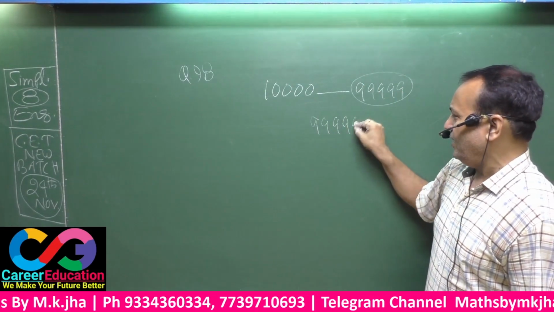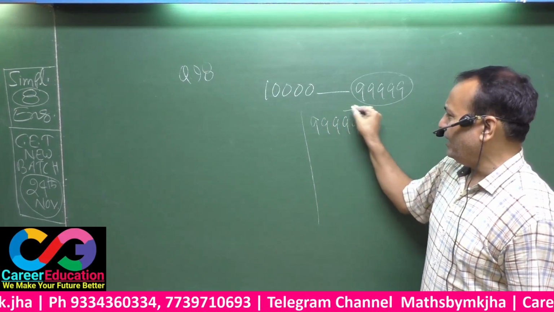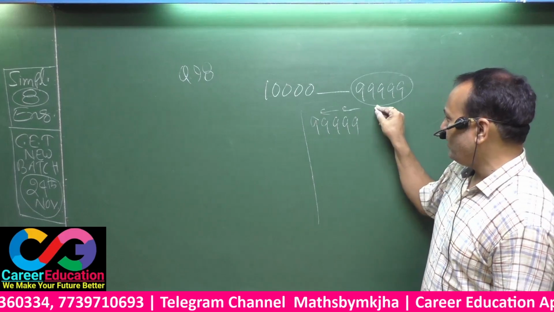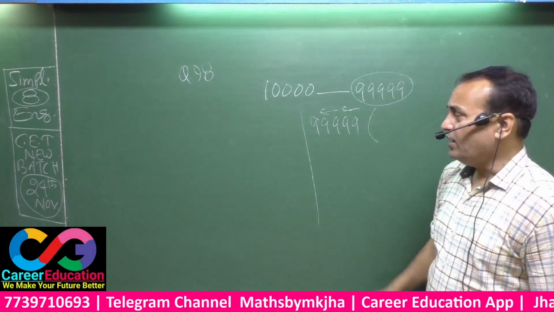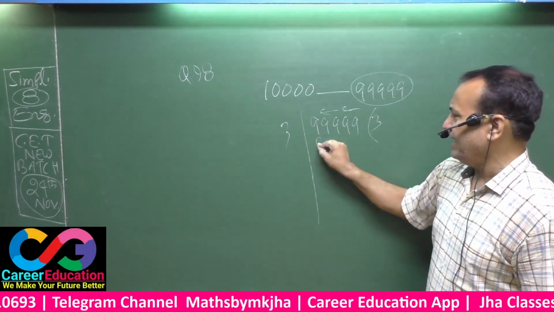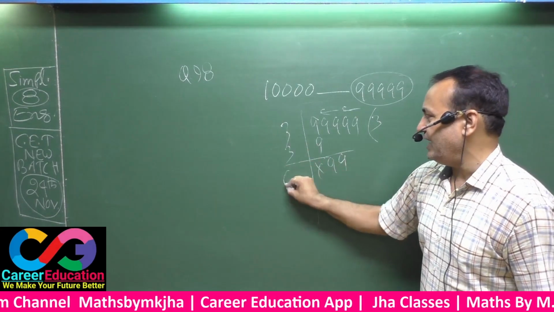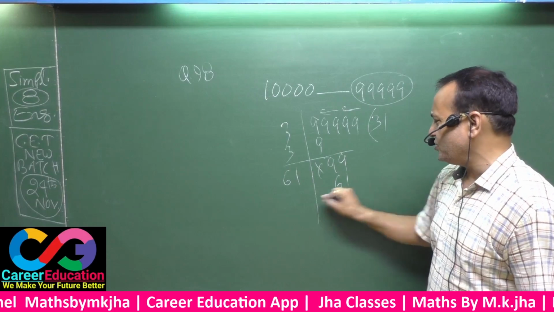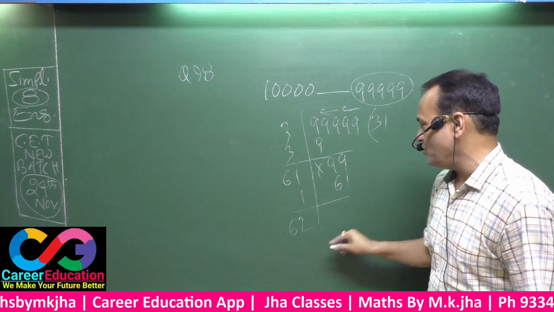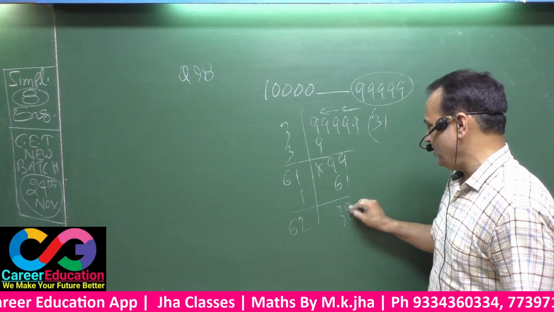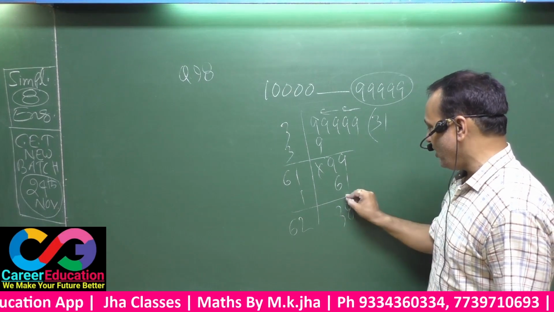You have to make pairs here from rightward, then calculate the square root. 3 3s are 9. Cancelled. 9 must be dropped here. 3 will be added here. One chance more. 61, 62. This is 3. This is 8, 38. Again this 9 will be dropped here.